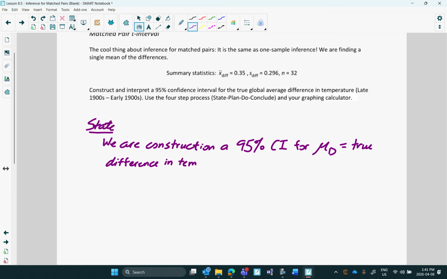The true average difference in temperatures.